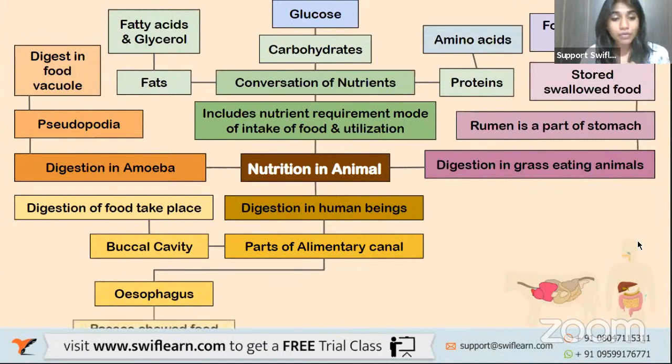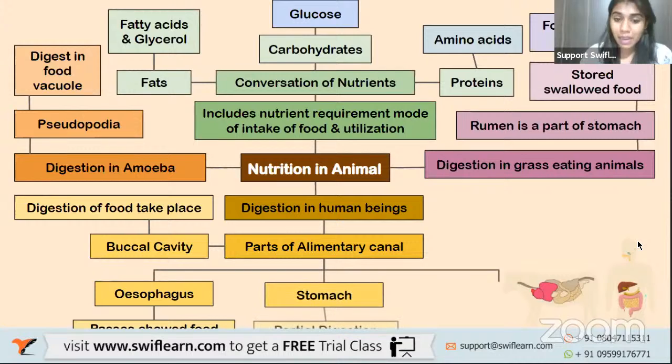Then you have the esophagus, where no digestion happens, but we learned about peristalsis there, which is the wavy movement of the esophagus to push food down into the stomach. Then we learned about the stomach. It secretes three things: mucus, hydrochloric acid, and digestive juices. If you have any doubt, you can go back and check those slides.